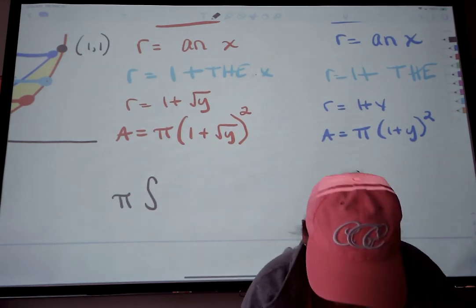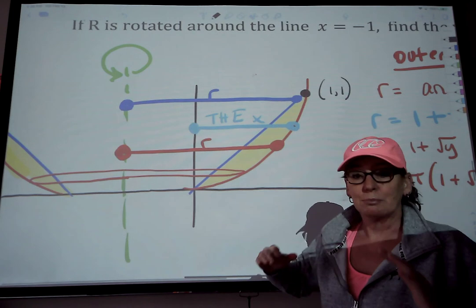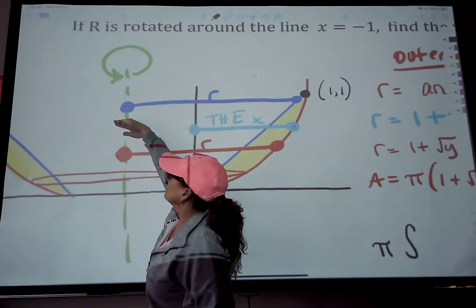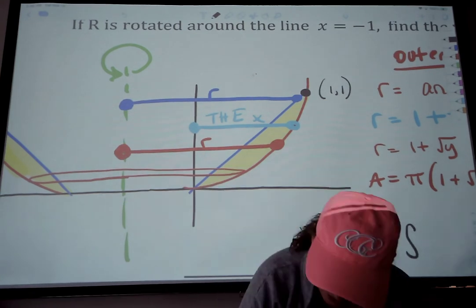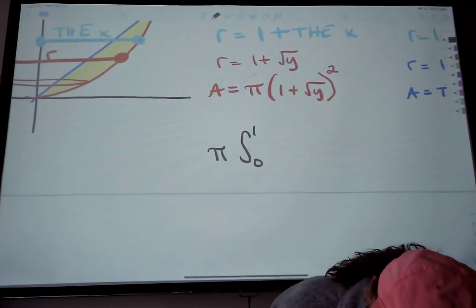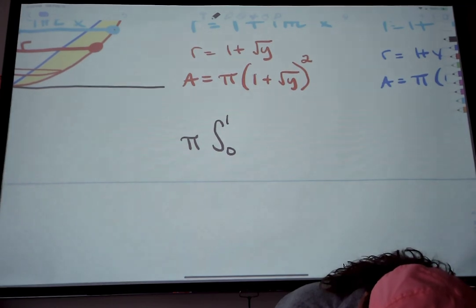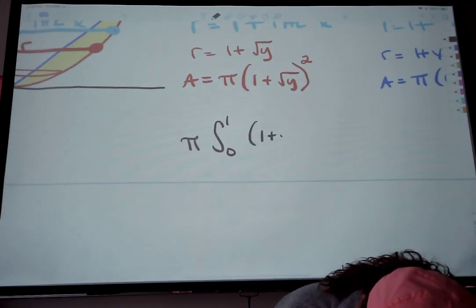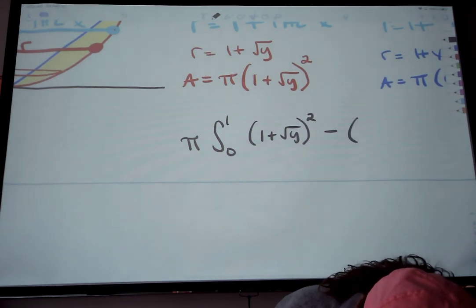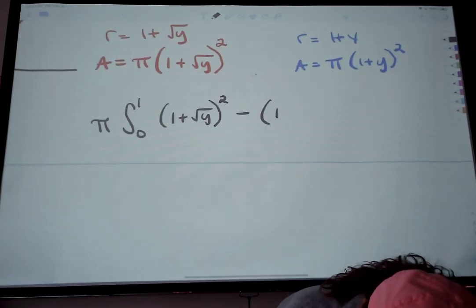They both have a pi. Our plates are going to start stacking here. They're going to stop up there. So I've got a low y is where they start, a high y is where they stop, and I've got this area representation minus this area representation.